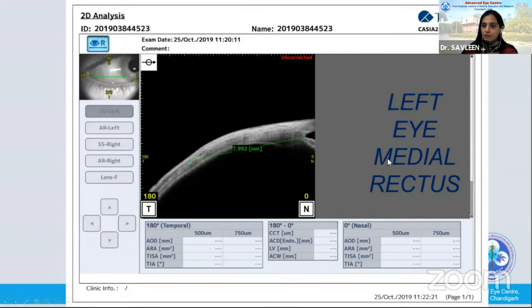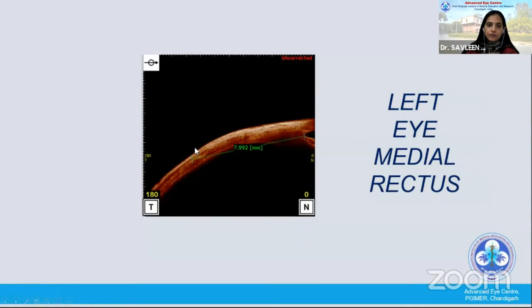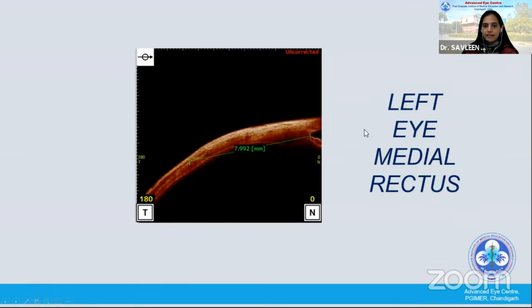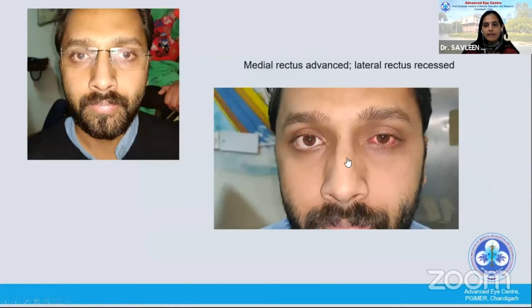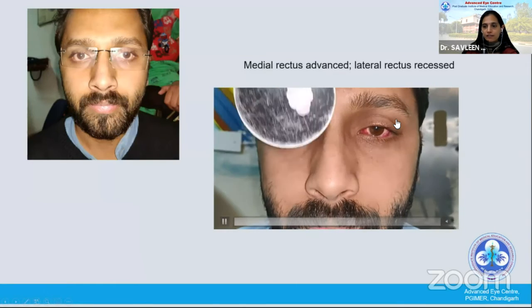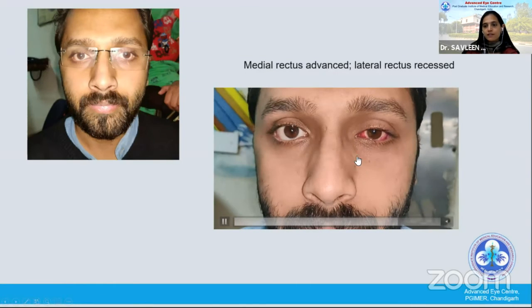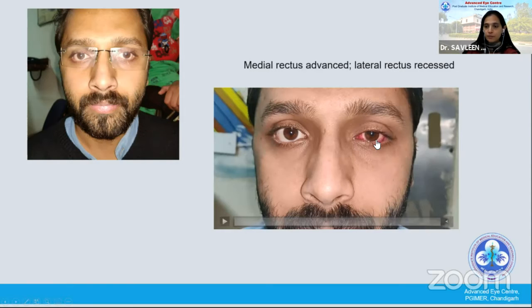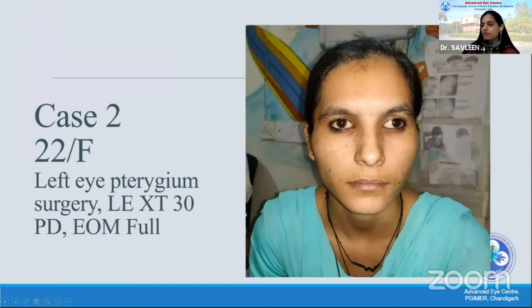On the imaging of the left eye, we saw that the patient had a recessed medial rectus, clearly seen on a colored scan as well. So we advanced the medial rectus and operated on the same eye. Of course, there is a palpebral fissure narrowing because this was the reoperated eye, but ASOCT helped us at least in making the diagnosis and then planning the surgery.